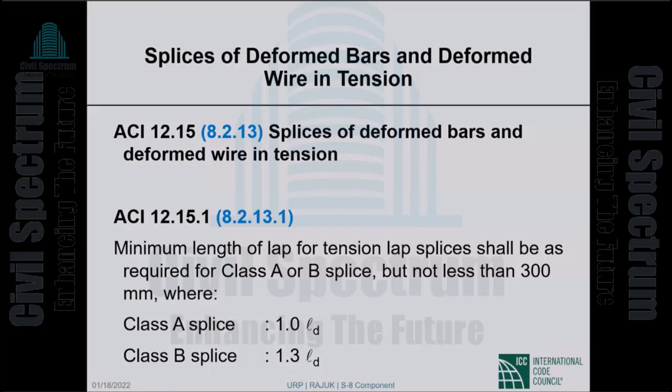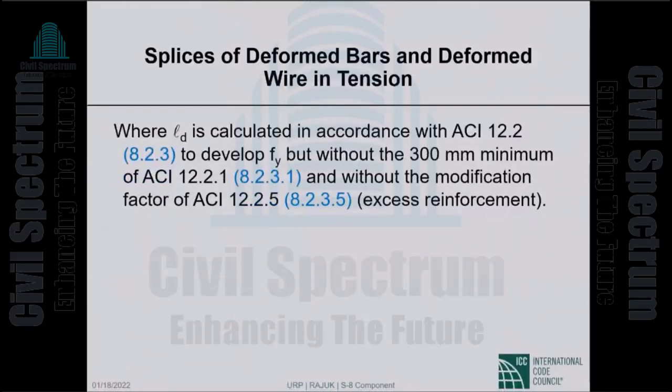So lap splice length cannot be any less than 12 inches. Class A splice, the splice length is 1 time development length. Class B splice, it is 1.3 times development length in tension.